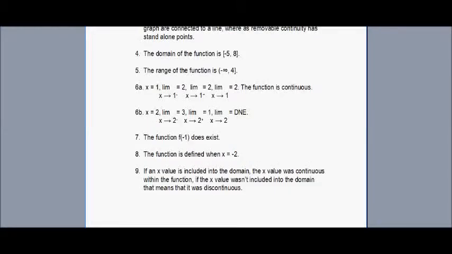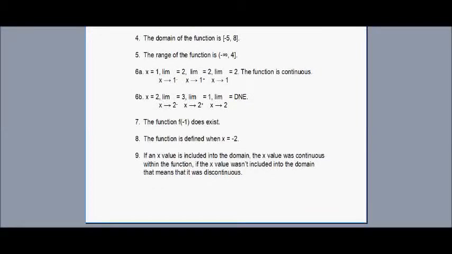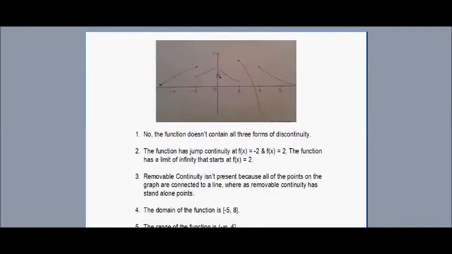Now, number 9 asks you to state how continuity and domain are related. And they're related because if an x value is included in the domain, the x value is continuous within the function. If it wasn't included in the domain, that means it was discontinuous. So you see where pieces kind of break off at certain points, or open circles or whatnot.